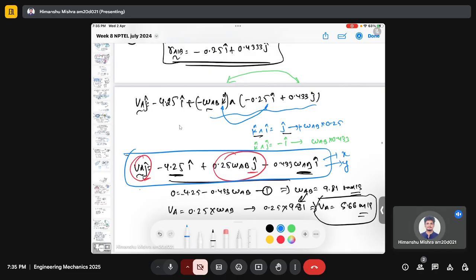So we divide this equation into a scalar form, where first we consider only the x component. From this was my equation 1, and we got the angular velocity omega AB. Then we split the y component, and from this y component we actually got the velocity of point A, which is 5.66 meter per second.